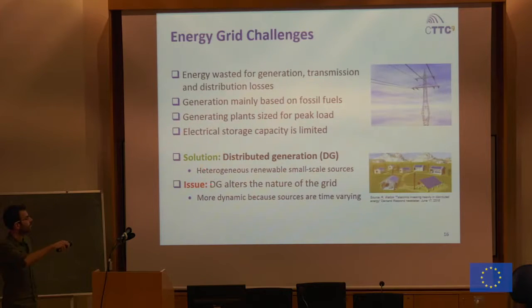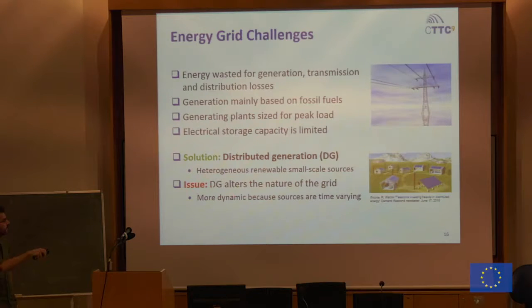So what has been studied is to have more distributed generation, for example using small-scale renewable sources like in this picture, so you may have some solar panels installed on your roof or some solar garden, let's say.